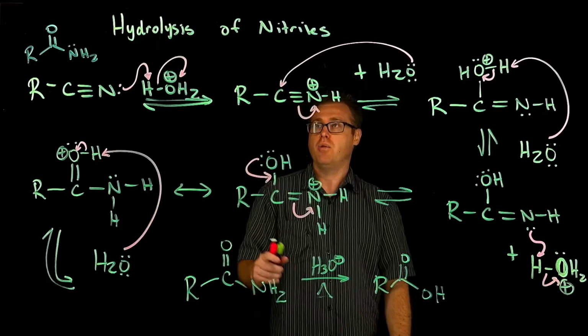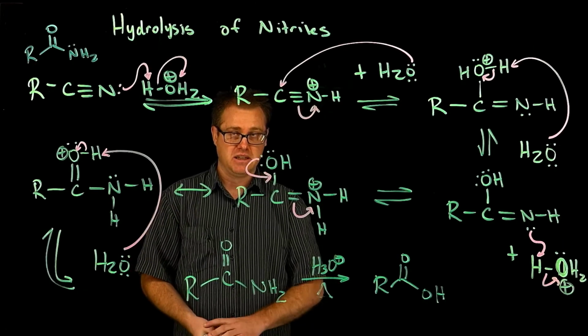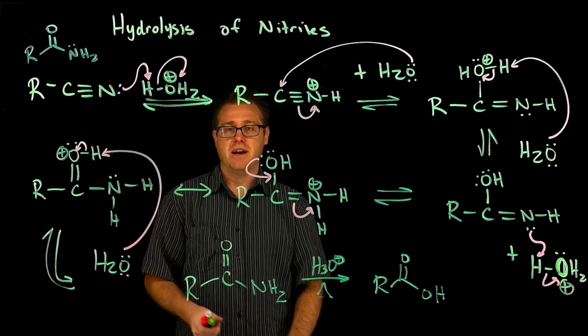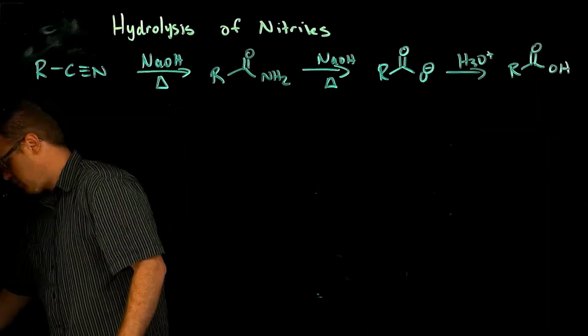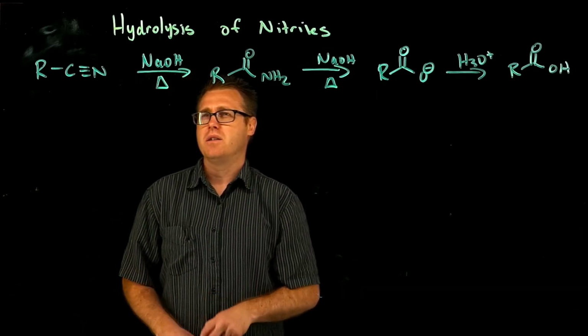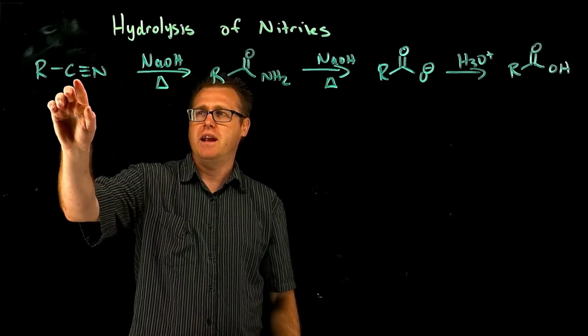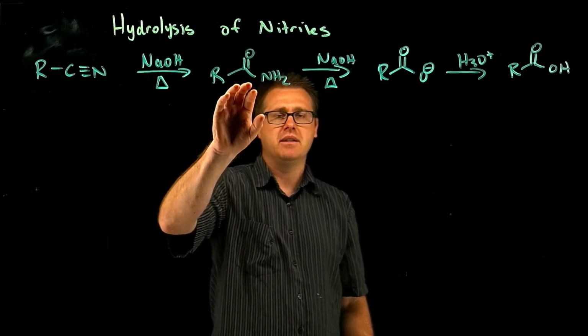So the next one, we are now going to change it up and look at under basic conditions. We will do the hydrolysis of nitriles. Overall, this is the transformation where you take the nitrile, treat it with some base and heat, you'll form your amide.